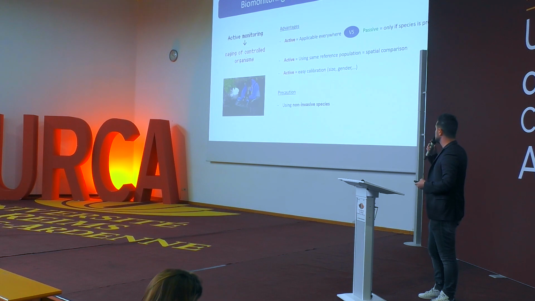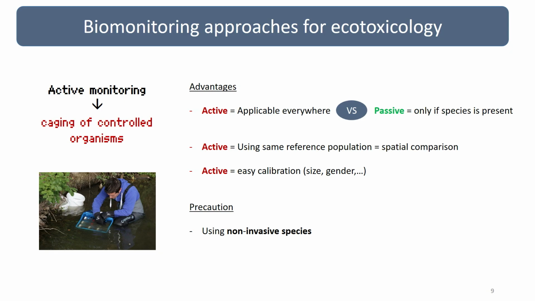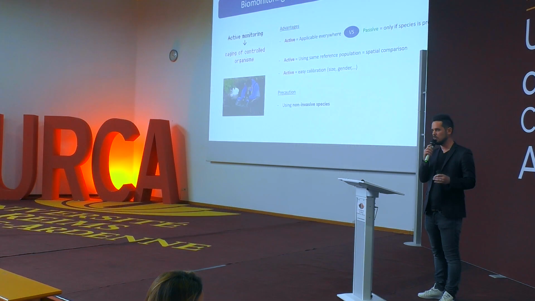The advantage of active monitoring compared to passive monitoring is, first, it's applicable everywhere, compared to passive monitoring, where you can use this methodology only if a species is present at the station. Another advantage is that with active monitoring, you are able to produce organisms from a reference population and to realize spatial comparison. Because when you use native organisms, there are differences of sensitivity between populations, and you can compare each station.